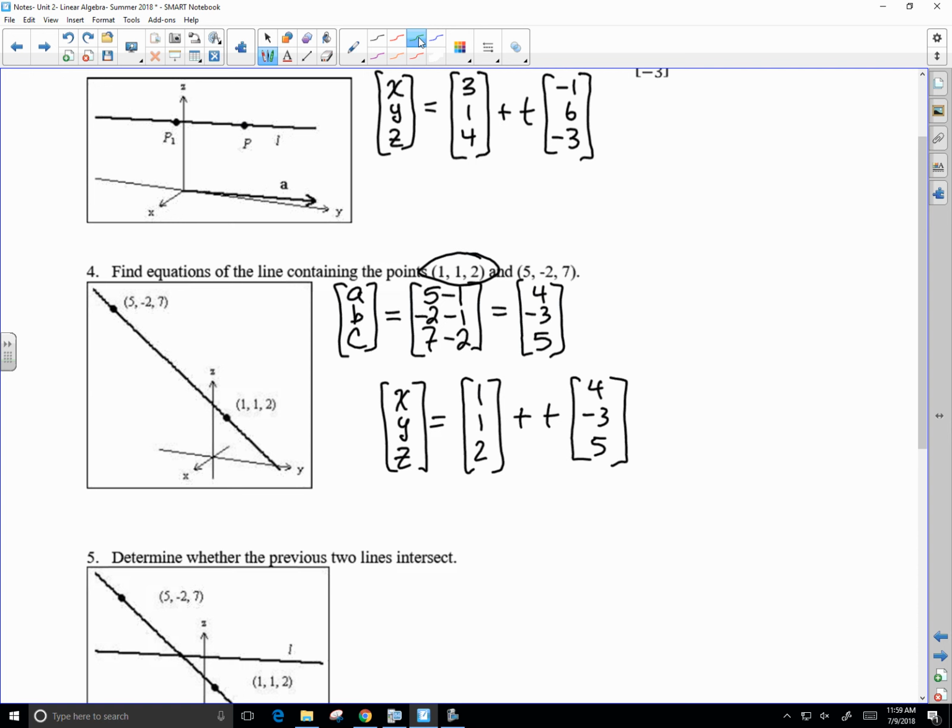I'm going to go purple. X equals 3 minus t. Y equals 1 plus 6t. X equals 1 plus 4t.